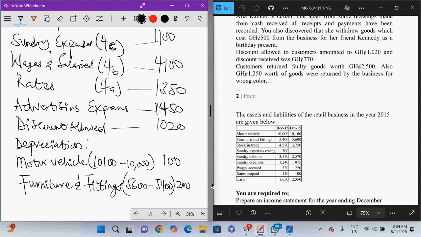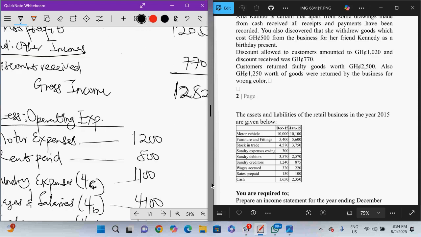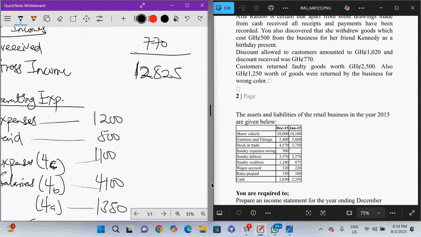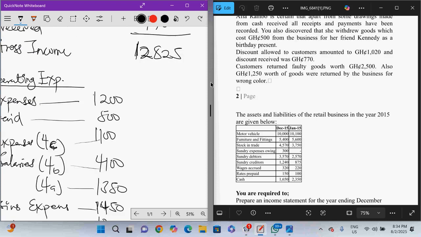Okay. The total expenses is 11020. If you deduct it from this, what are you getting?